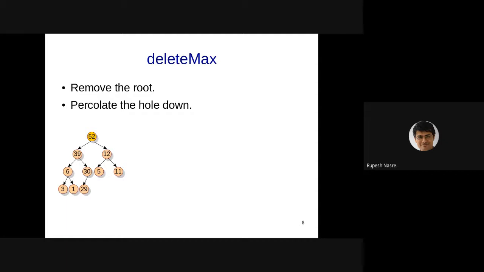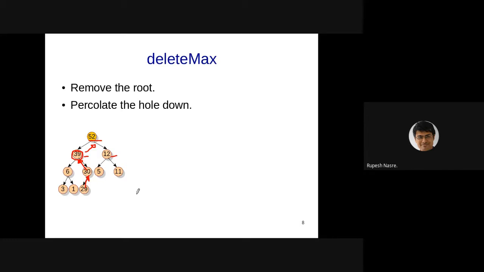So for example, if I have 52 as the highest priority element, I can convert it into a hole, removing it, and then out of the two children, the larger of the two should move up. Right? So that satisfies the max heap property. As soon as you move that, this becomes a hole, and then we continue doing that so that this comes here, and then this comes here.